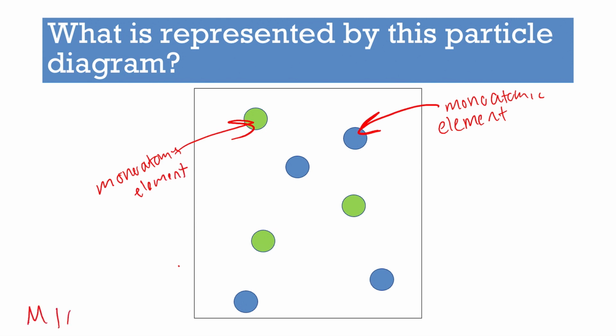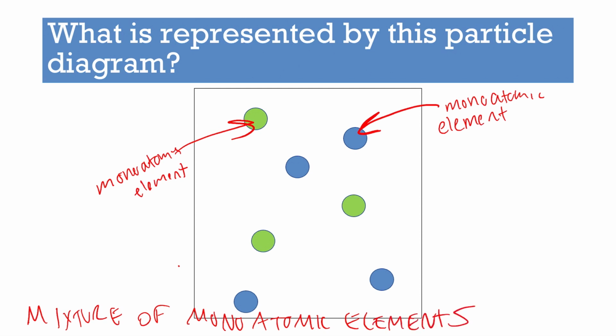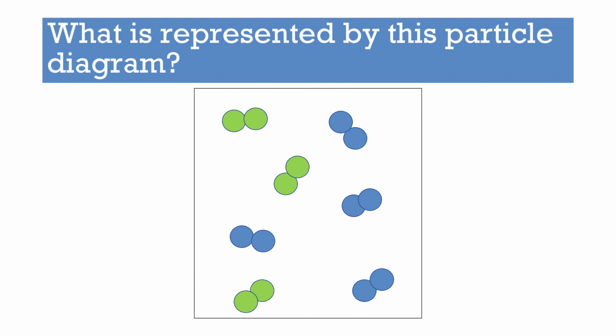And so we have a mixture of monoatomic elements. So again, when you have a particle diagram, look at each individual thing, label each different piece, and then you're able to figure it out.